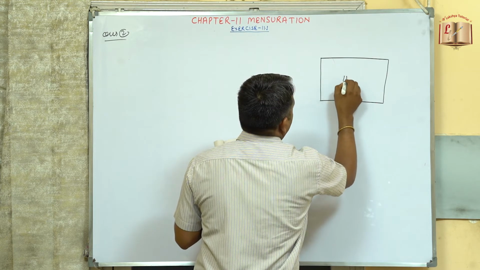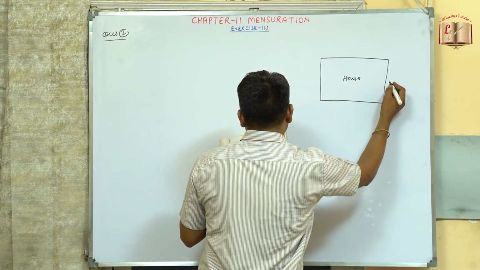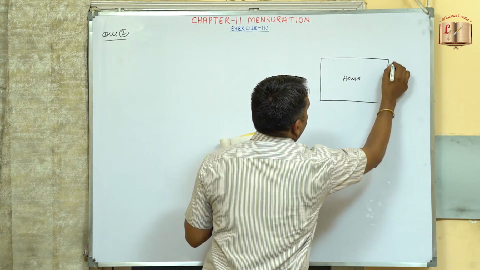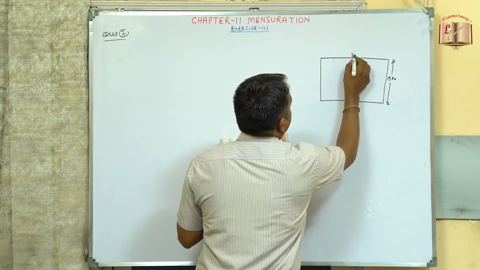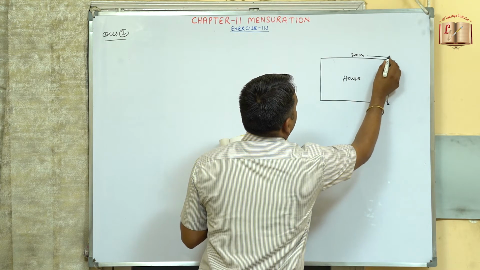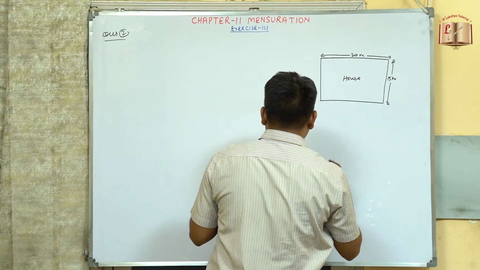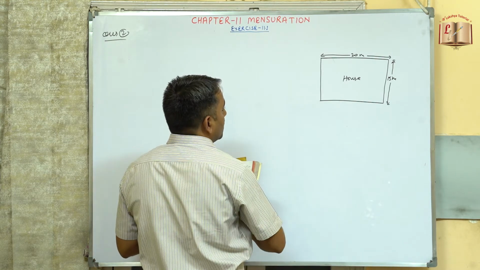Here it is house, and this is given as 15 meters from here to here. This is now 15 meters given to us, and this is 20 meter, and around this is a square plot.